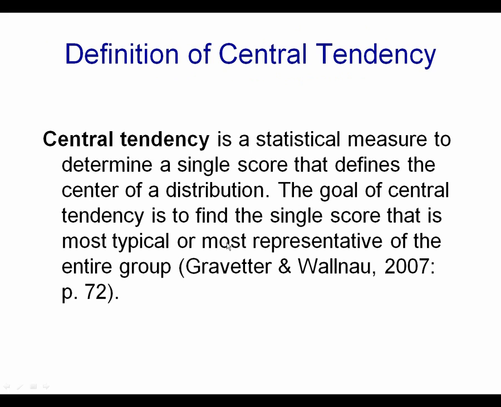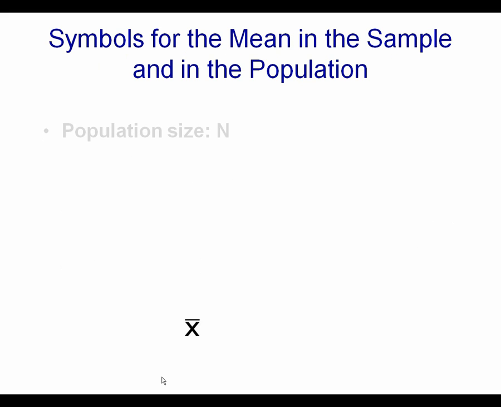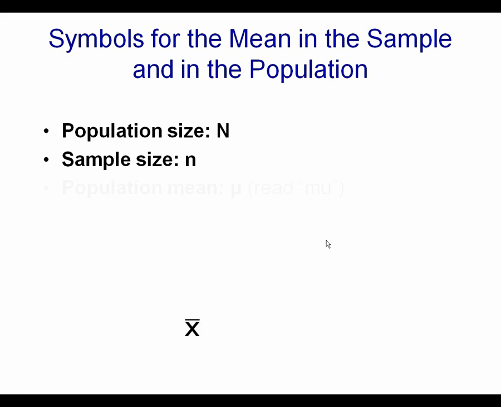So we talked about the goal of central tendency is to find a single score. Going forward, the symbols for the mean in the sample and in the population. The population size is equal to a large N. The sample size is equal to a small n.